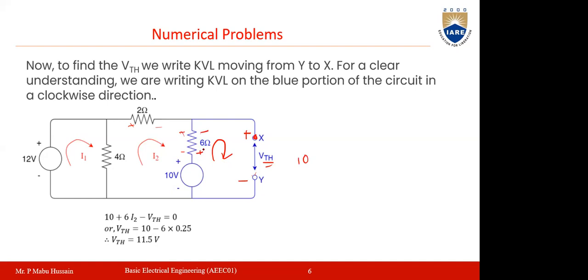Minus to plus, plus to minus like that, right? So 10 volts. Here plus 2 minus it is there, right? Plus to minus, you can say minus 6 I2, plus to minus again, minus VTH is equal to 0. Actually this you have to write. Then VTH will be equal to 10 minus 6 I2. Depending upon the direction of current, actually you have to write this. So what is the direction of current?